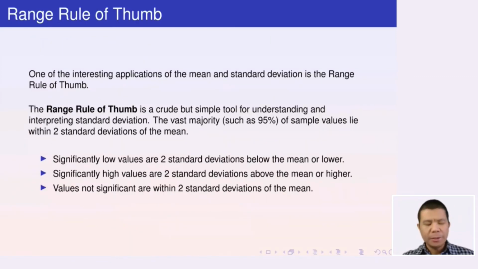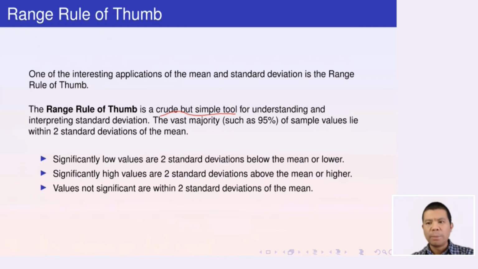Now, here is some interesting use of the mean and standard deviation, which is called the range rule of thumb. Okay, what is that? The range rule of thumb is a crude but simple tool for understanding and interpreting standard deviation.